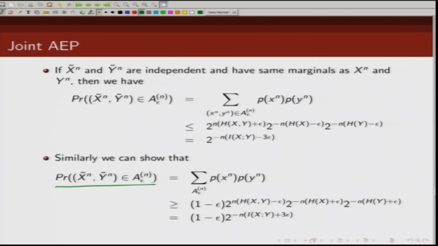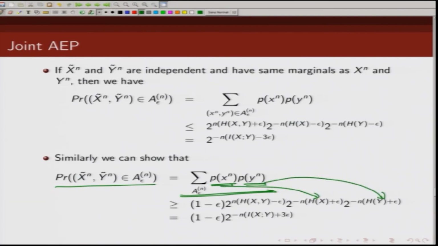And how do we get this? So again we start with the summation of p of x^n y^n over this typical set. Now we are going to lower bound these probabilities. So p of x^n is lower bounded by this, and p of y^n is lower bounded by this.